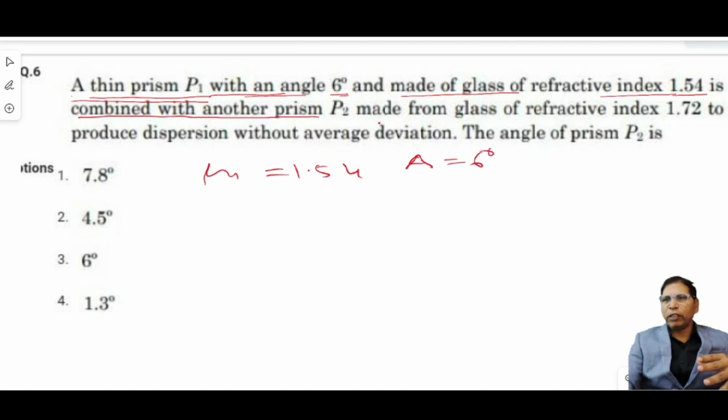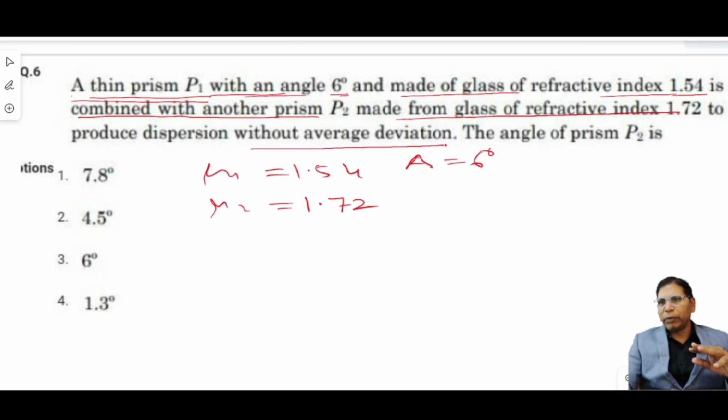Combined with another prism P2 made from glass of refractive index mu2 equal to 1.72. No problem. To produce dispersion without average deviation, find the angle of the prism A2.